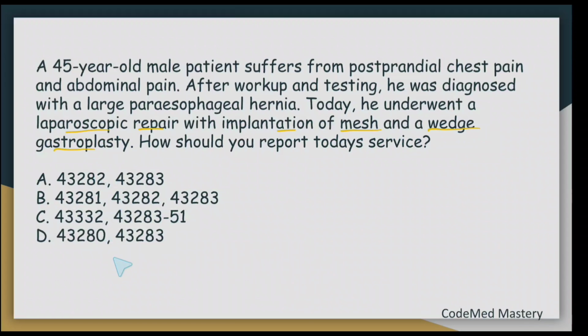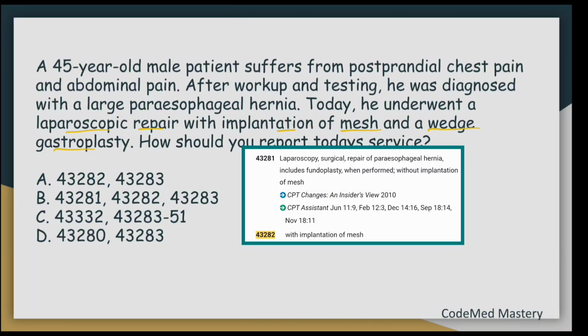So let us check the first codes from each option. Check option A, first code 43282. 43282 is for laparoscopy, surgical repair of paraesophageal hernia, includes fundoplasty when performed with implantation of mesh. In the scenario there is laparoscopic repair of paraesophageal hernia, right, and there is implantation of mesh.